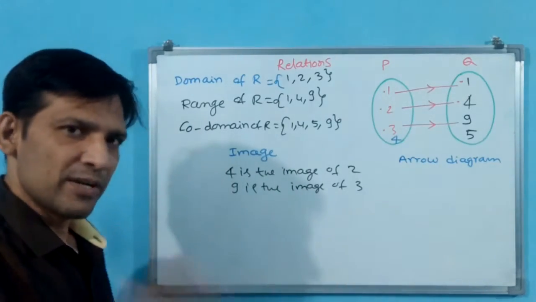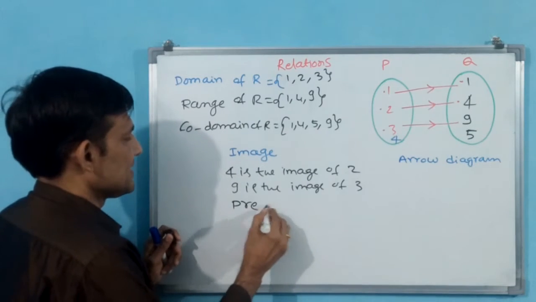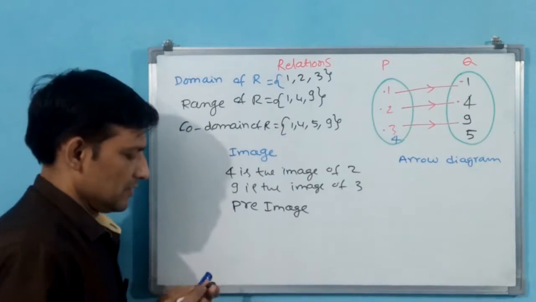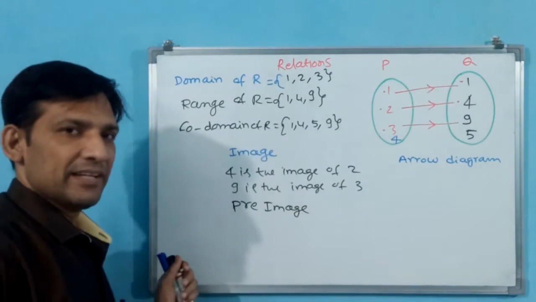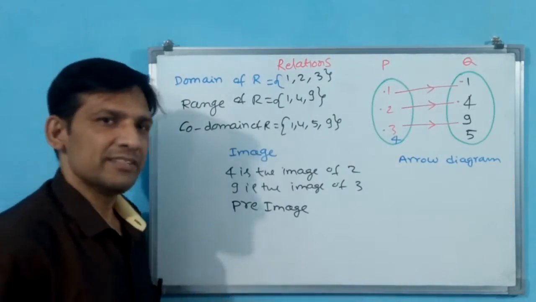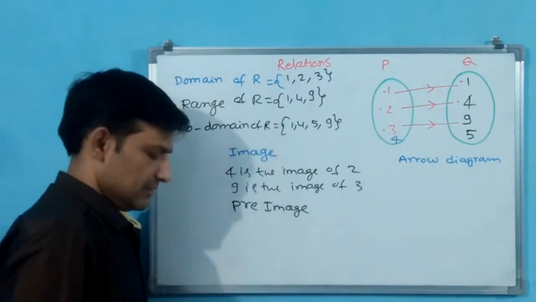These two we complete and then we go for the exercise. Now pre-image. Final and pre-final examinations will be there for us. Like that, image, pre-image. If this is image 9, the pre-image is 3, that's all.